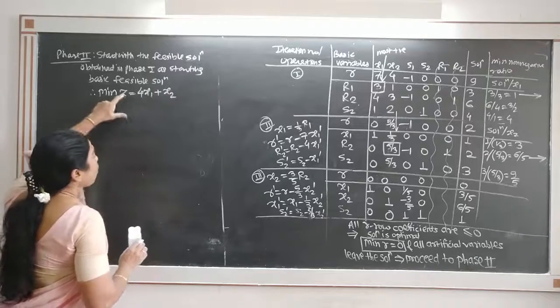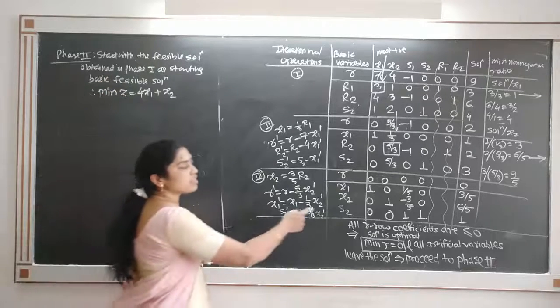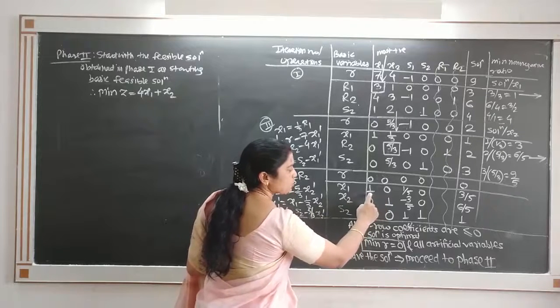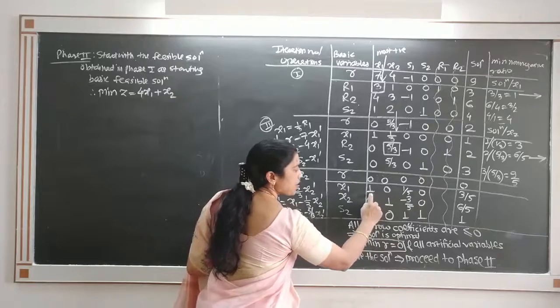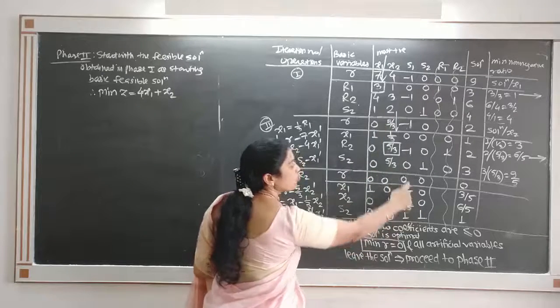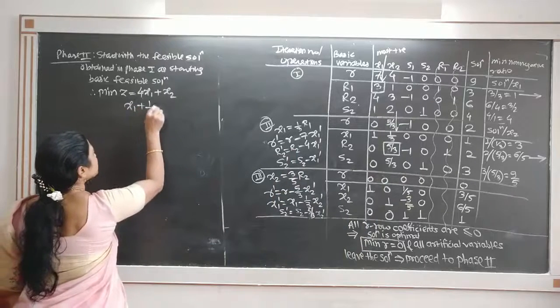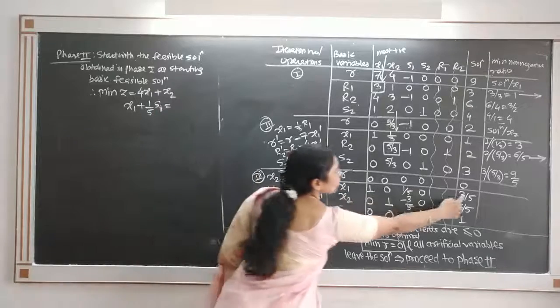But now all the constraints are nothing but from this last table of phase 1. So see, from phase 1, the first row gives us the first constraint: x1 plus 1 by 5 s1 is equal to 3 by 5.